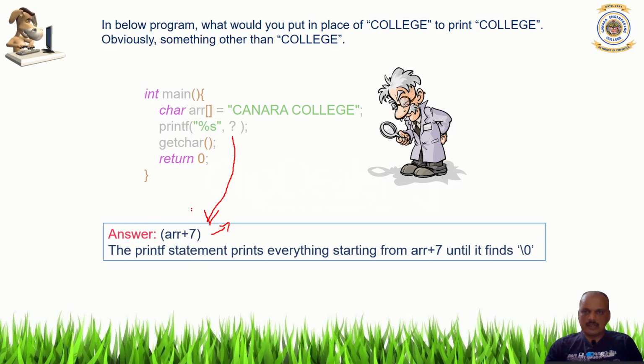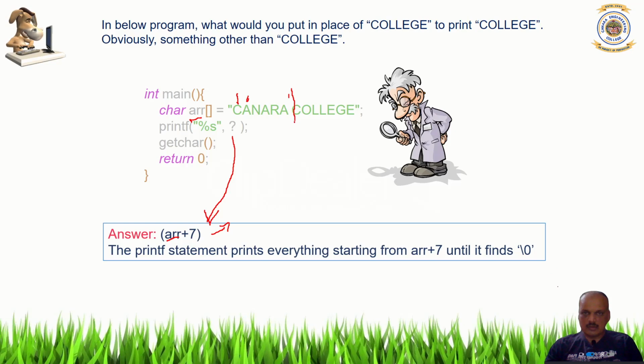What this does is, the array gives me the base address of this character array or string, and this plus 7 increments this pointer by 7 data types. Here it is a character pointer, so it goes first, second, third, fourth, fifth, sixth and seventh.